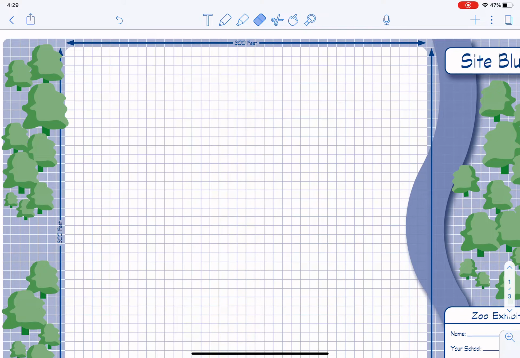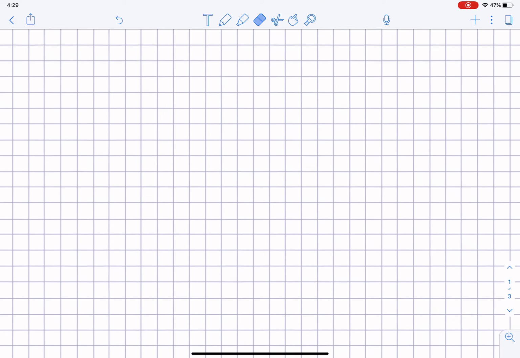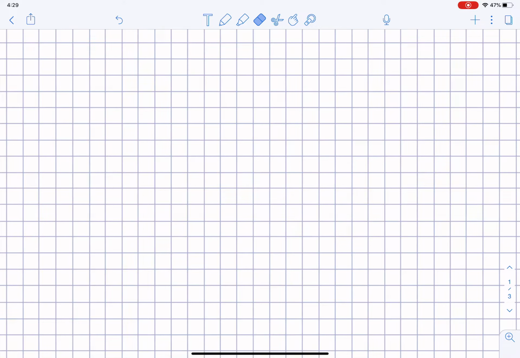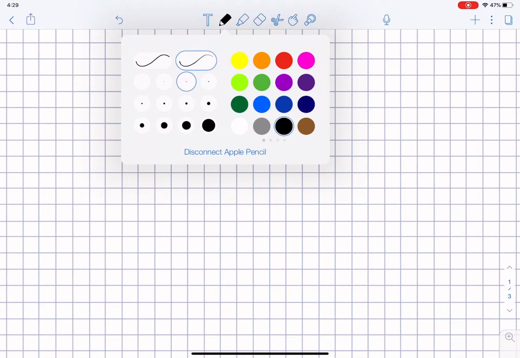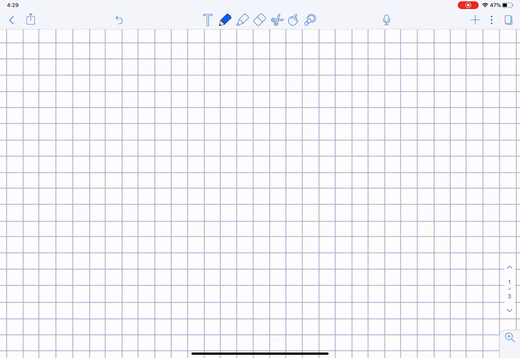So we're going to start here, and the good thing about Notability is we can zoom in, because our scale drawing, at least for the penguins and probably for yours as well, is not going to be that big with how much space we have. Okay, so if you remember, we started off with the water, and there's gravel. There's also a place for the zookeeper, things like that.